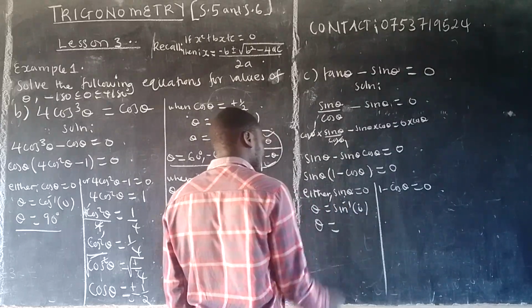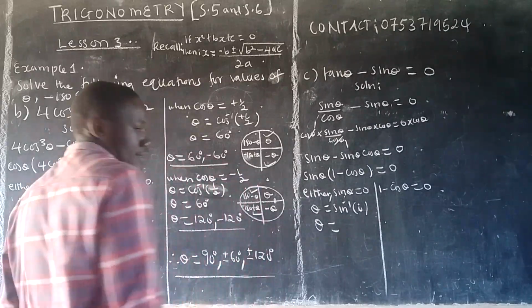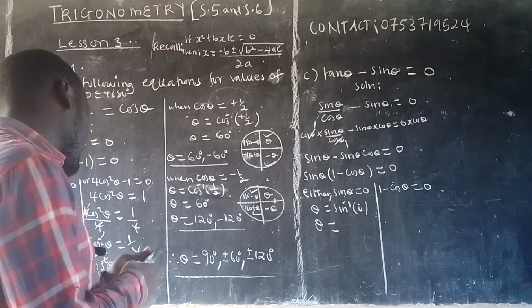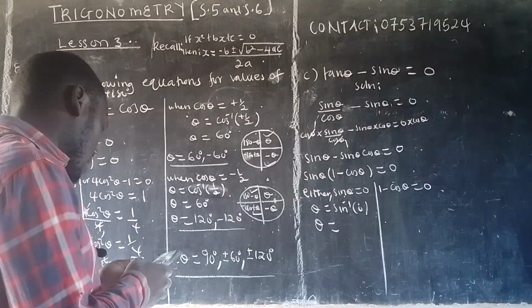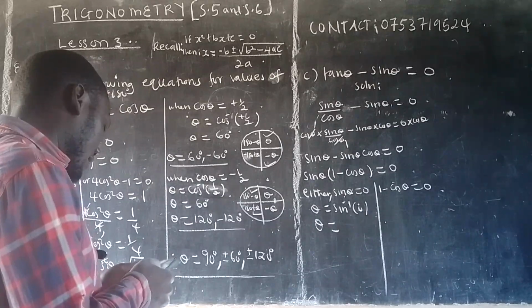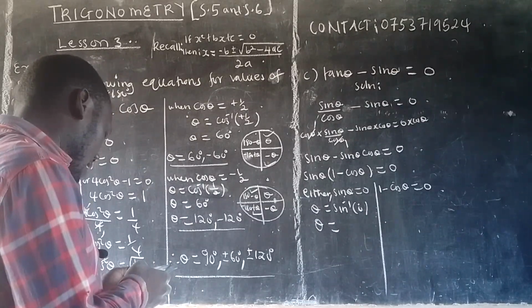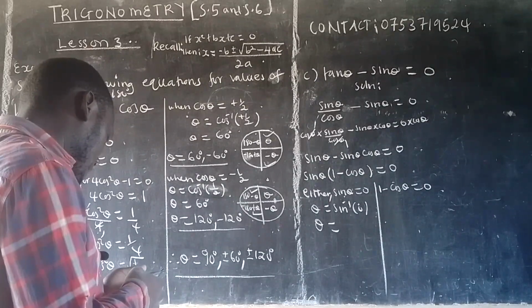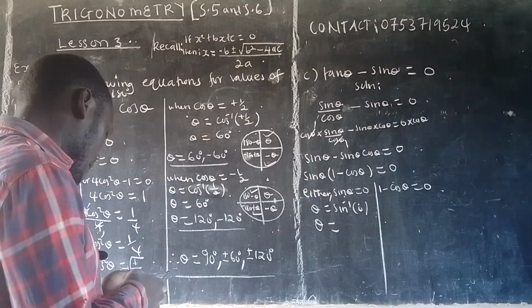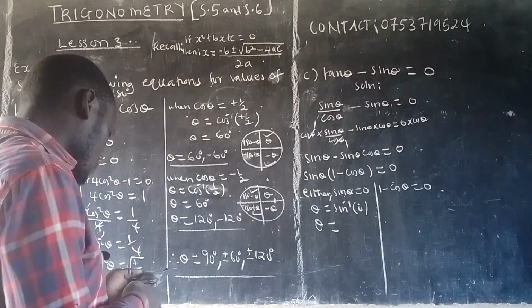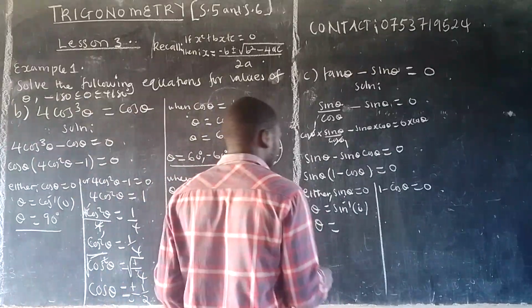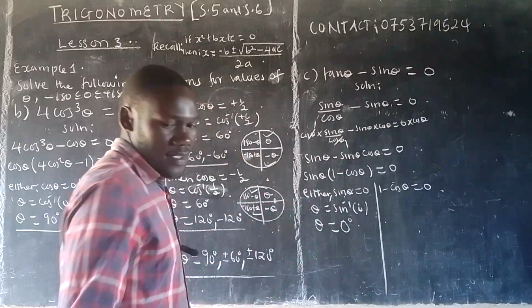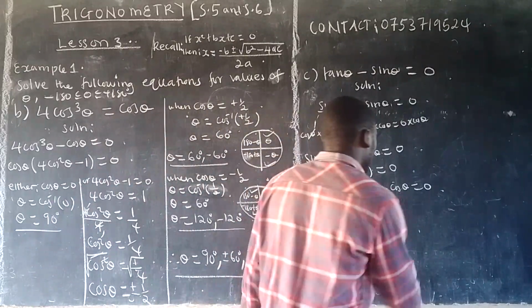Sine inverse of 0 is 0 degrees, but you have to use a calculator. I'll not bother myself with this, because this 0 doesn't have a sign on it.